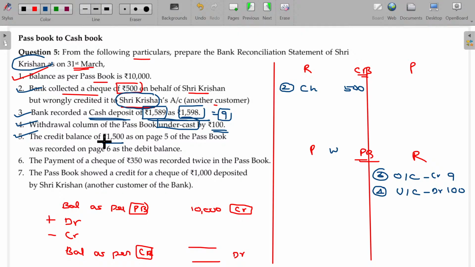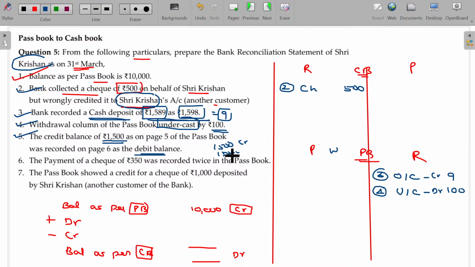Fifth one. The credit balance of 1500 as on page number 5 of the passbook was recorded on page number 6 as a debit balance. What does it mean? In the passbook, the last page balance being 1500 credit was transferred to the next page, in the debit side, and posted as 1500. What does it mean?